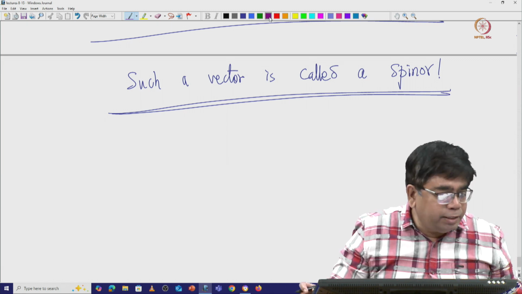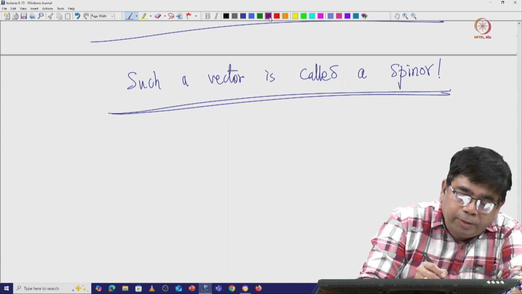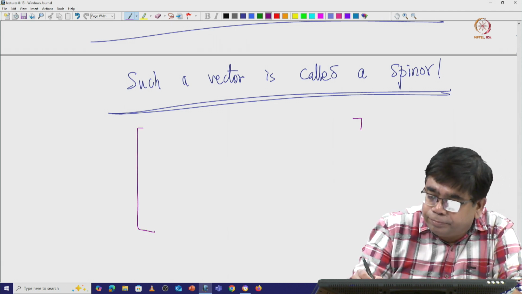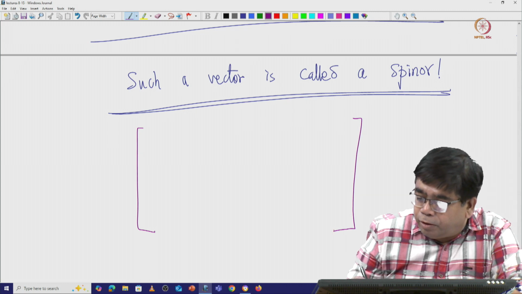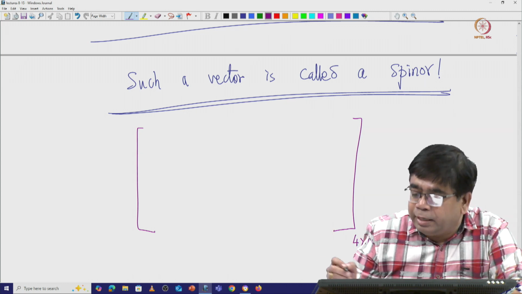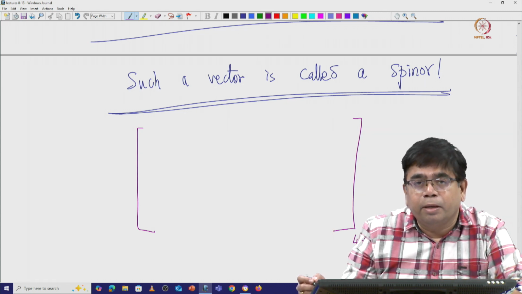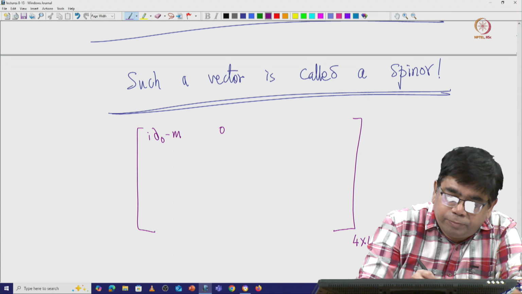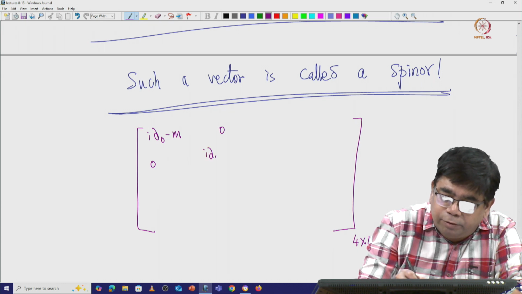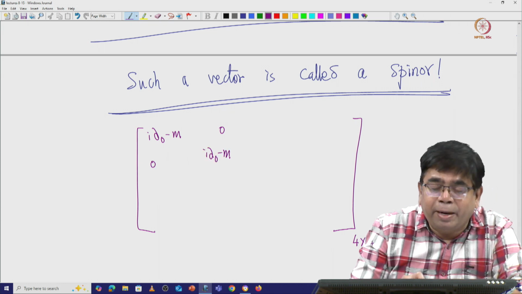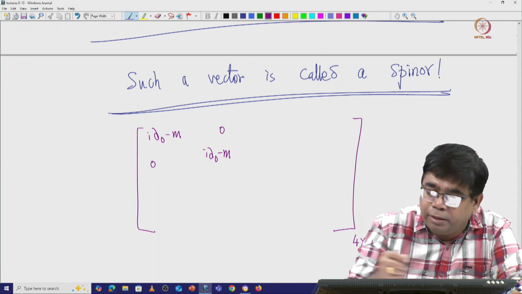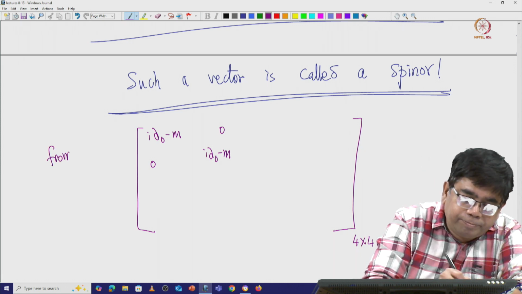So if we expand the full off-diagonal entry, the full form of the 4 by 4 form of the Dirac equation, again I am repeating, it is a matrix equation, will be I del 0 minus m, 0, 0, I del 0 minus m. So this is the unit matrix, I am expanding it, which multiplies I del 0 minus m from equation 1.